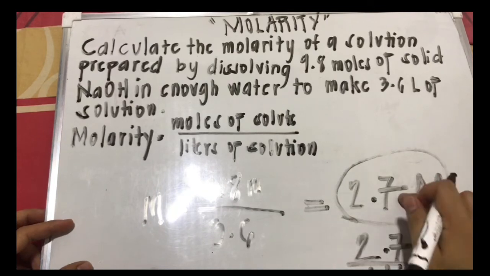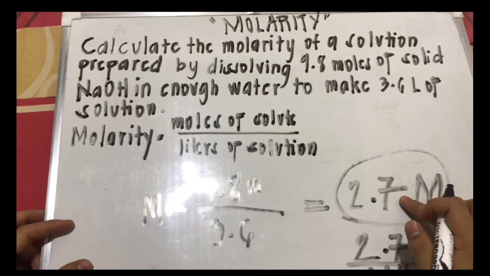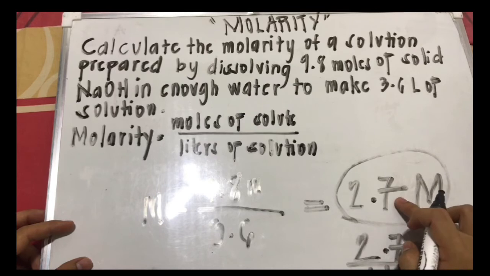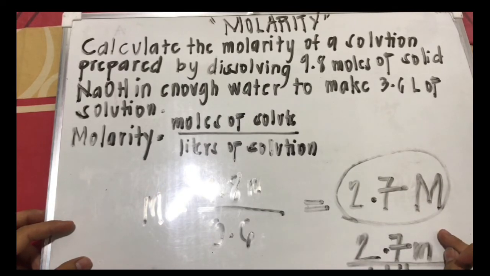Don't forget that 2.7 molar means 2.7 moles for each 1 liter of this solution.